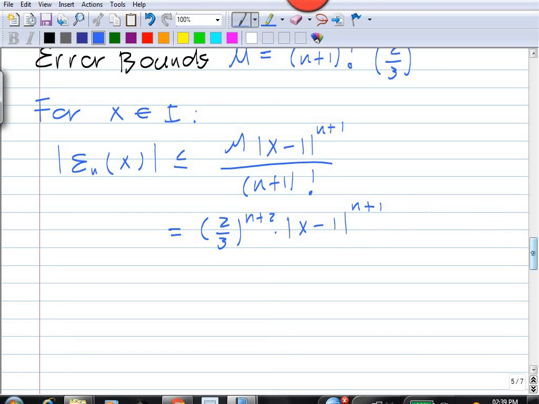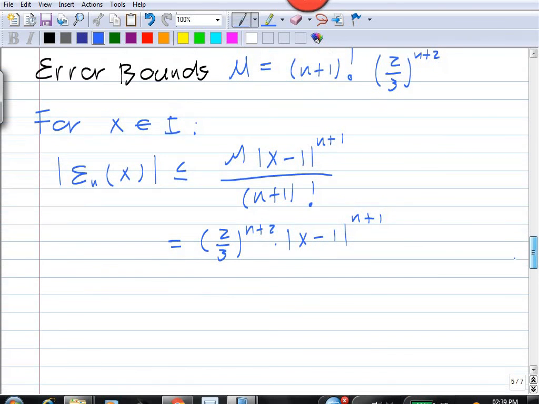Now in particular, remember, we're approximating f at 3 over 2 with the Taylor polynomial Pn at 3 over 2. So that means we need to take x equals 3 over 2.